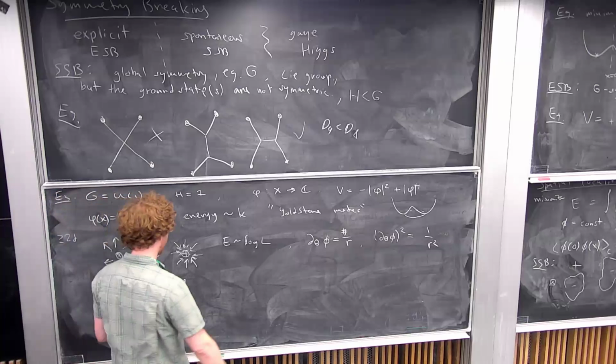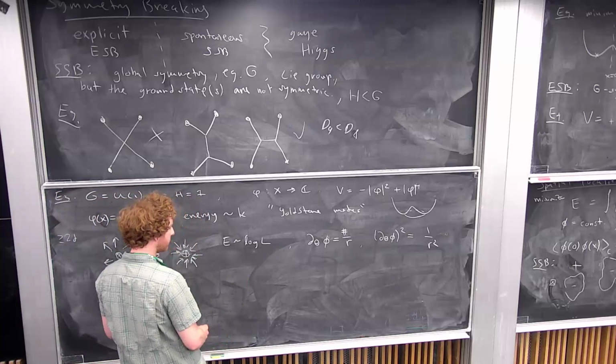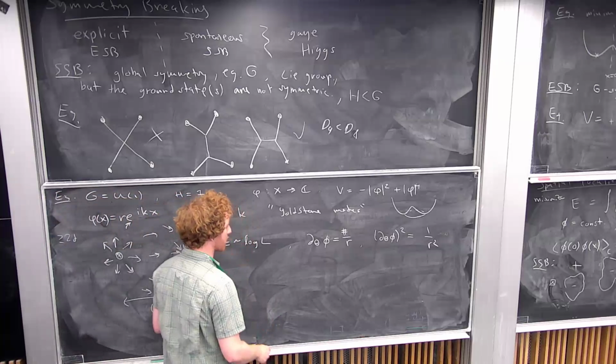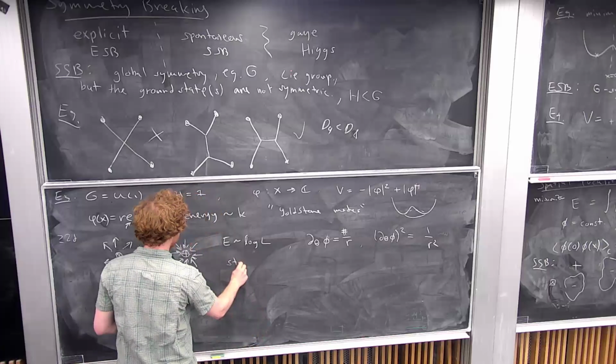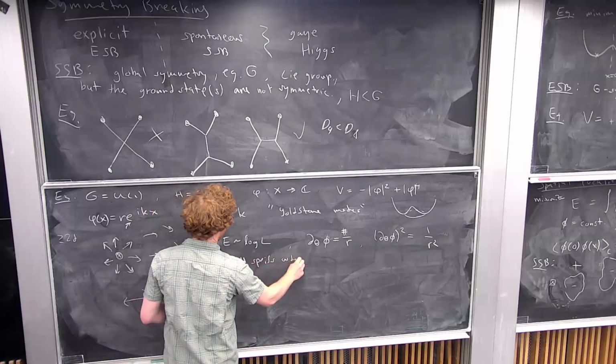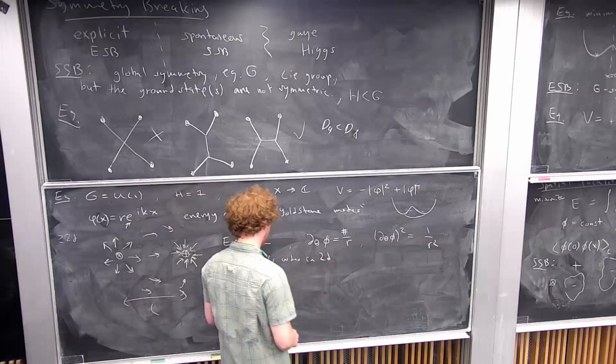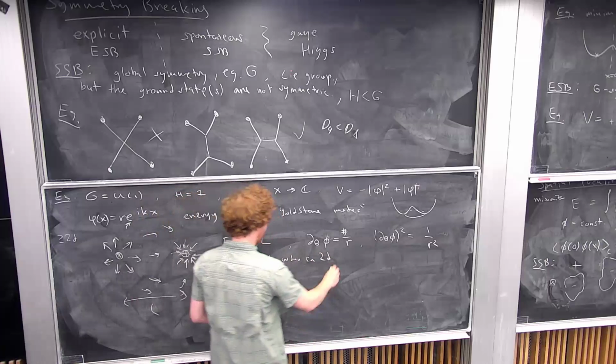So these vortices actually, because of this log, it is not quite enough to overcome entropy. So this still kills order in 2D, but in a sort of interesting way.